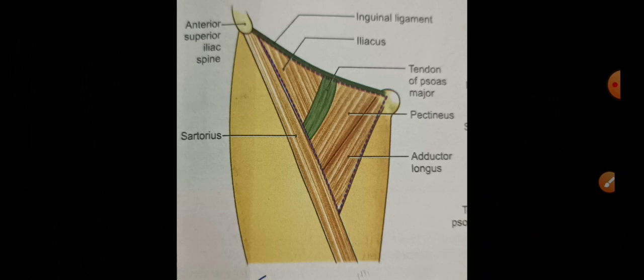Femoral branch of the genitofemoral nerve also occupies the lateral compartment of the femoral sheath. And femoral sheath is a sheath that covers 4 centimeters of the femoral vessels.